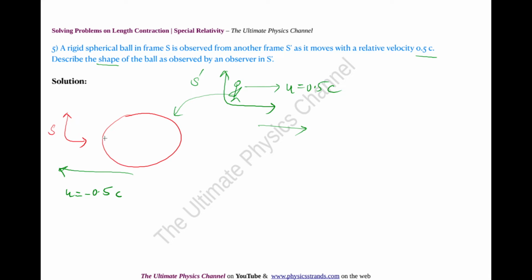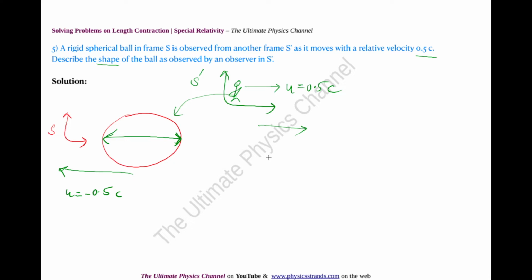That means it would undergo a length contraction along this axis of the ball. Because in whatever direction there is motion, length contraction occurs only in that particular direction, that is, the direction parallel to the motion. So here in this case, the motion is towards the left, the negative x-axis, so to say, in our diagram, and that means there is going to be a contraction in that direction only.